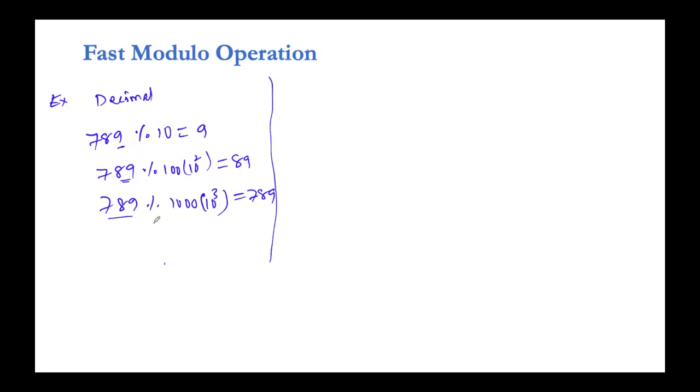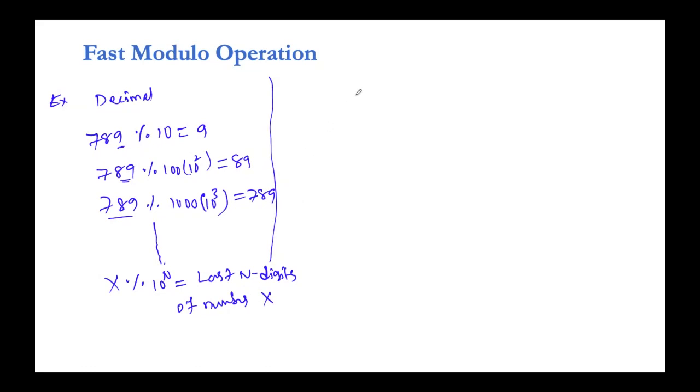So if you have any number x, then x modulo 10 to the power of n gives the last n digits of the number x.